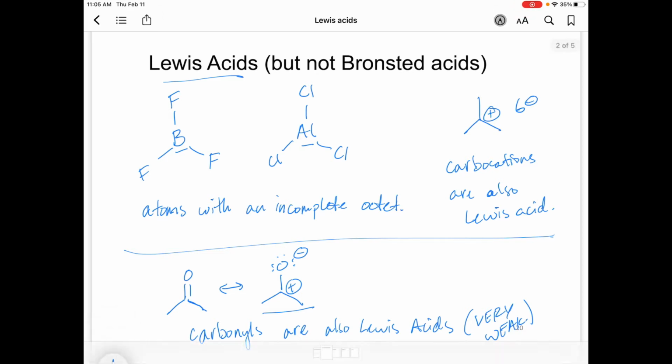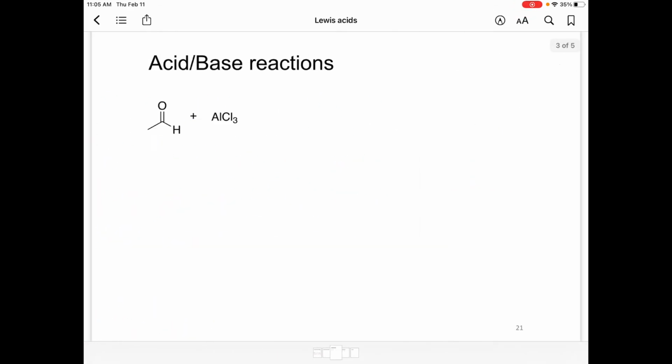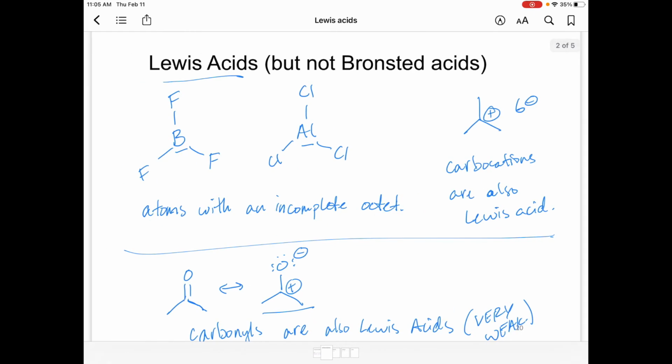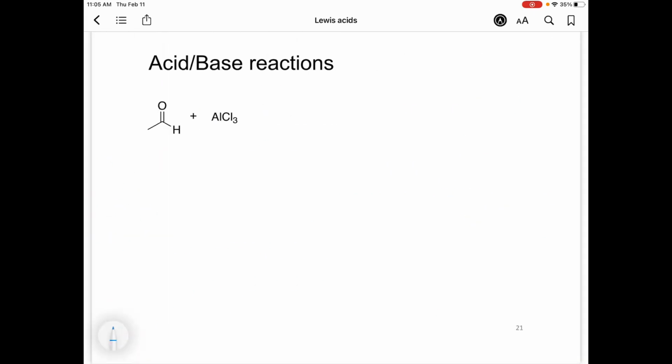Let's go through a few other examples of some Lewis acids that you might see in your career as an organic chemist.